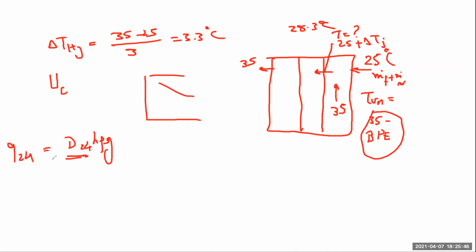How to get D24? It's from the relation that Di is basically equal to MR Y into (1 minus Y) to the power i minus 1. Does this apply here?